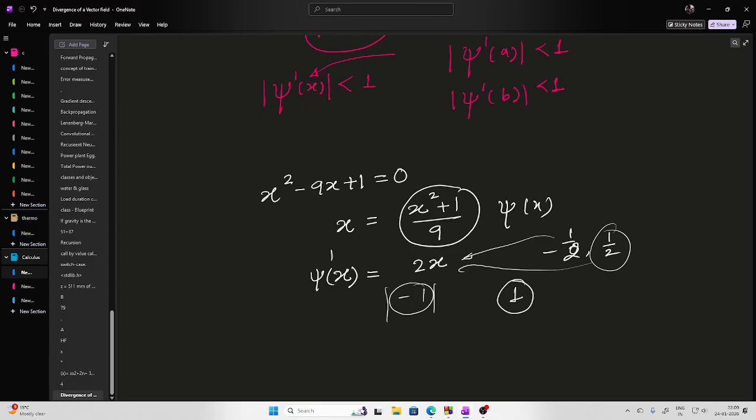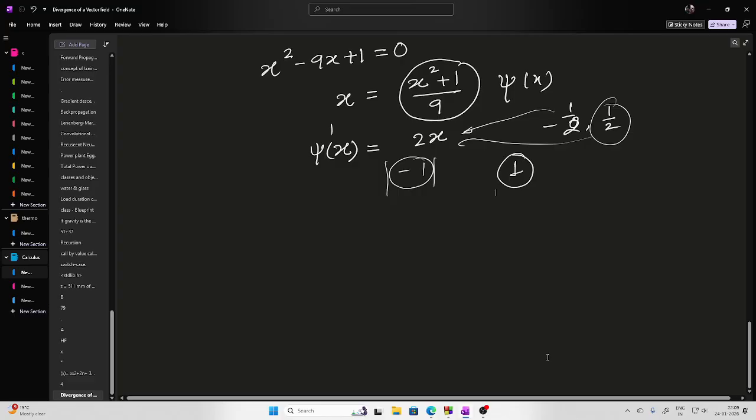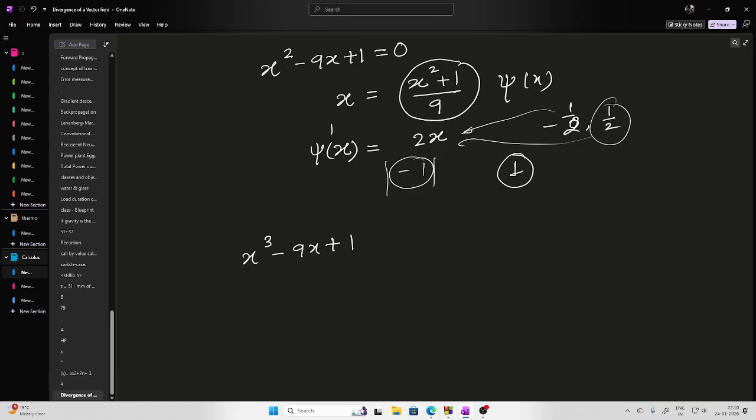Take one other example. Let's say I have this equation, and instead of square here, let us say it is cube. So x cube minus 9x plus 1. Then I can write this equation by taking x common, so it becomes x times x square minus 9, and then bring 1 onto the right hand side and write it as 1 upon 9 minus x square.